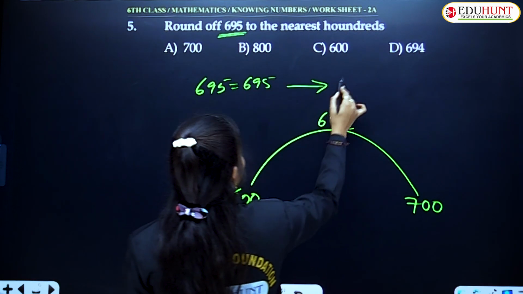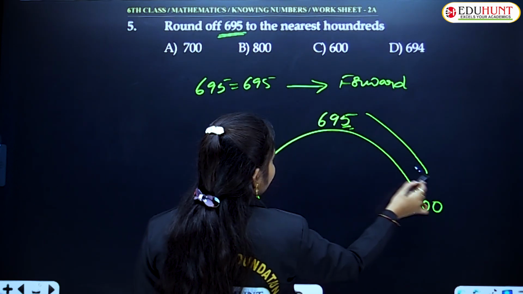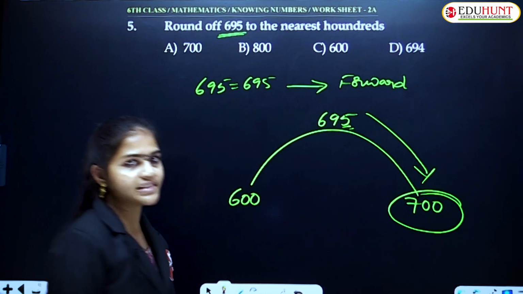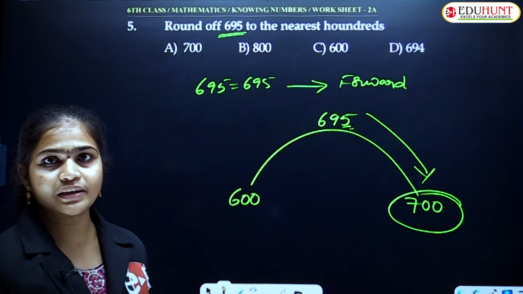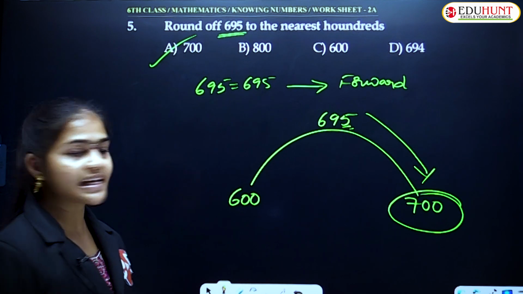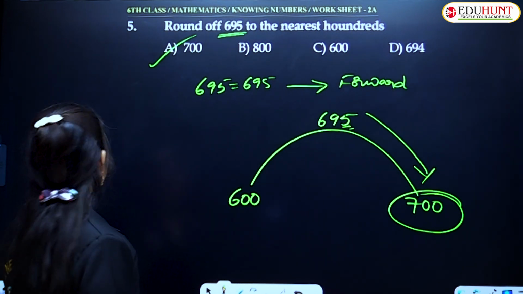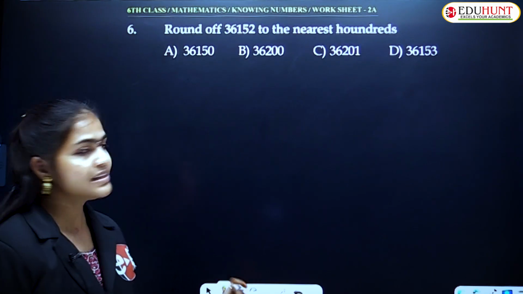That's why we have to move in the forward direction. Then what is the answer? That number is nearer to 700. Understood? Which option is correct now? Option A is correct.